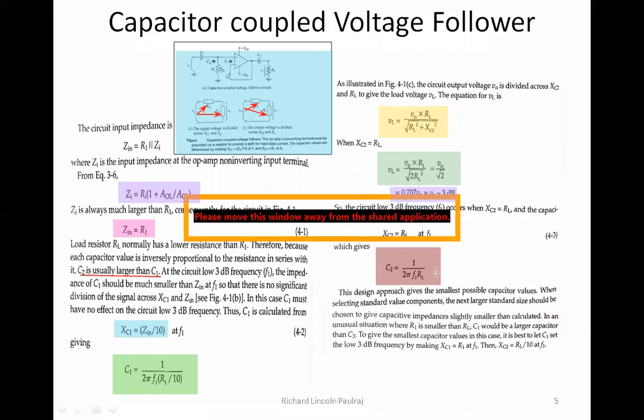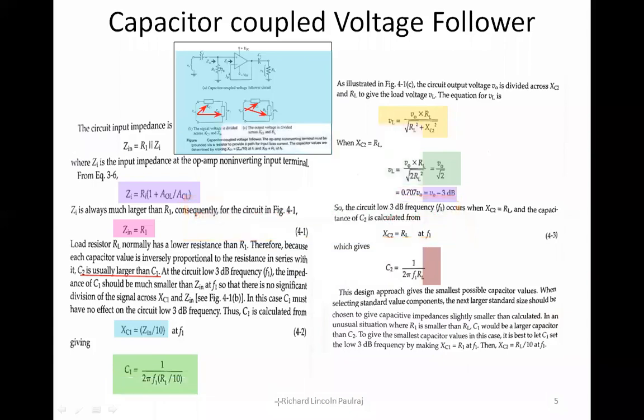Why is that divided by 10 not here at C2? It is because C1 was taken to be much smaller, right?